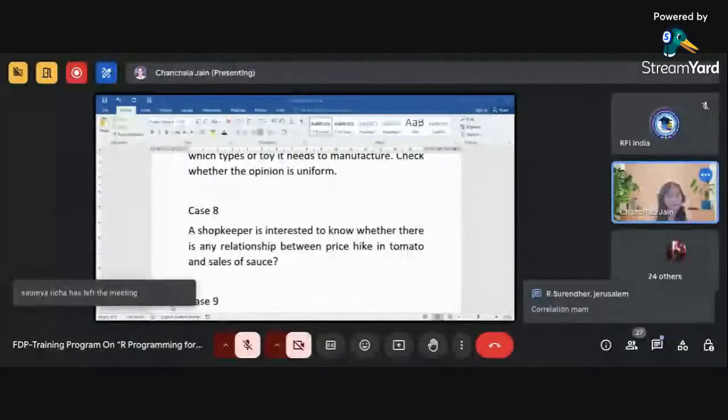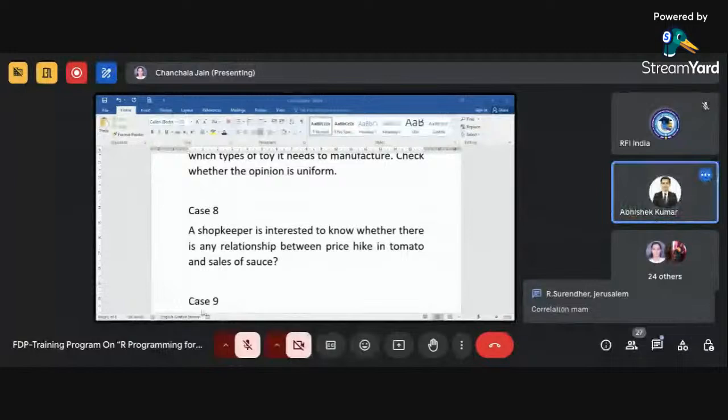Ma'am, correlation may not tell us if it will lead to a hike in the sale. I think we can check further with regression also, to see if it is really increasing. Correlation may tell us that these are related, but is it increasing or decreasing? For that, we might have to check through regression.